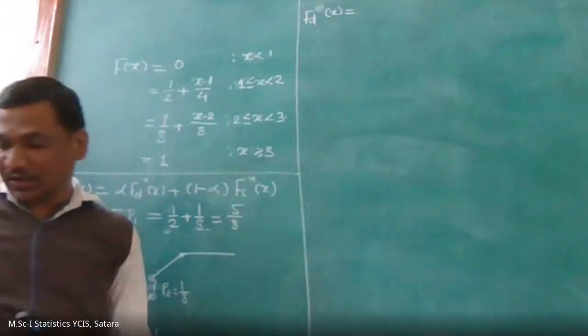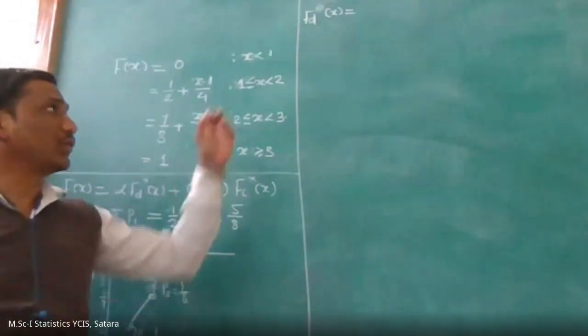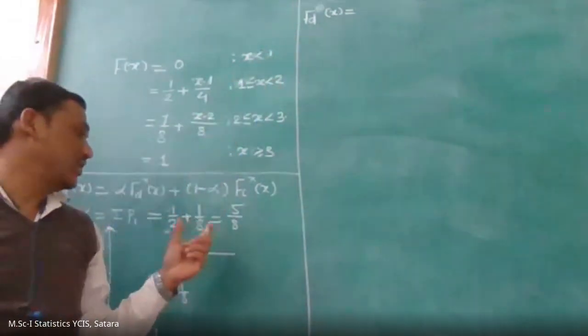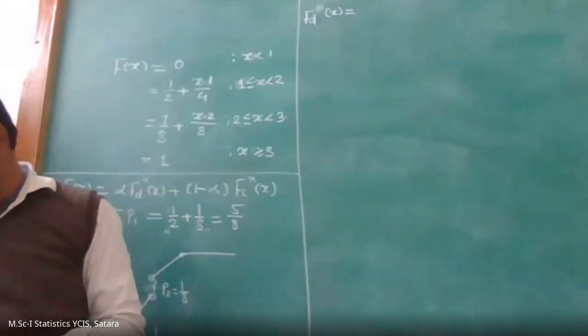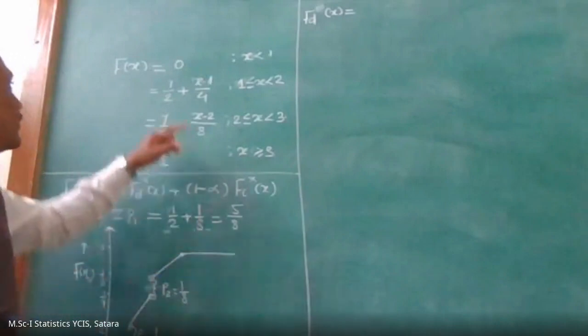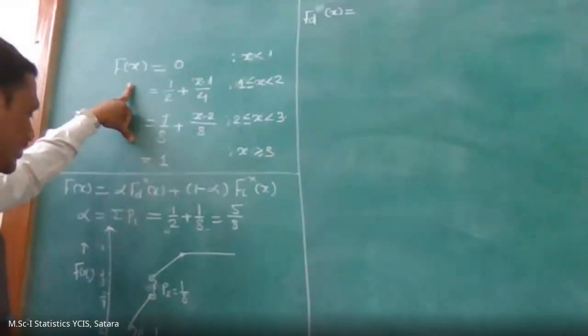Therefore, fd of x is nothing but, here we have to obtain the value, that is summation of pi. For discrete, the value of fd of x is the summation of the pi.